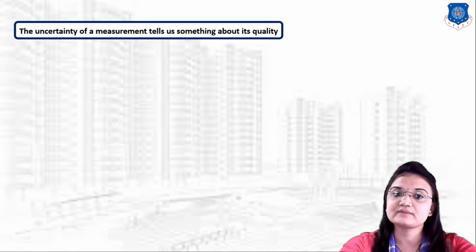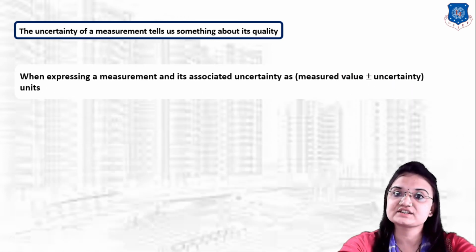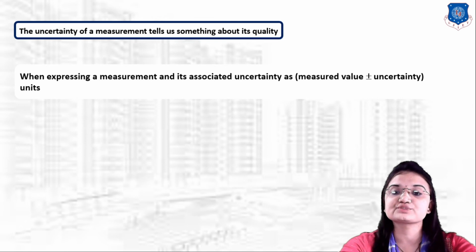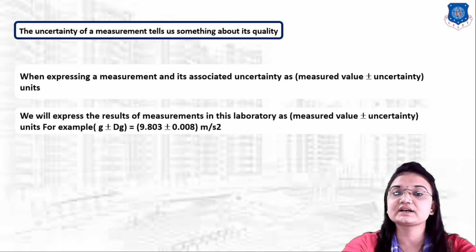Uncertainty of the measurement tells us something about the quality of the measurement. We can express measurement uncertainty like this: measurement value plus or minus uncertainty. We will express the result of the measurement in this laboratory as measurement value plus or minus uncertainty value.